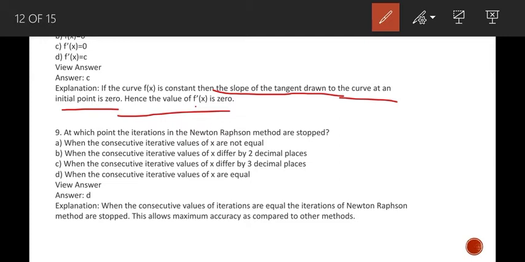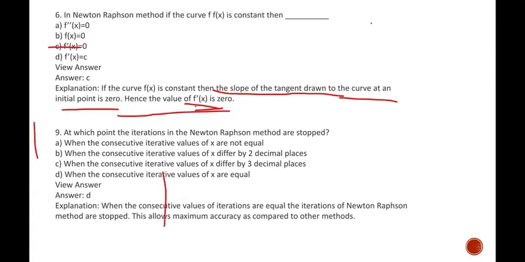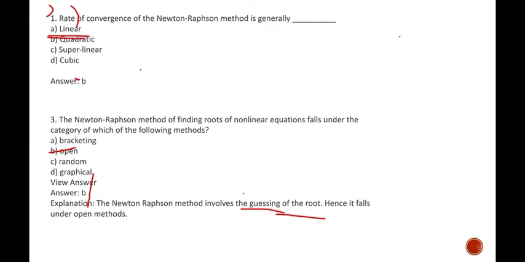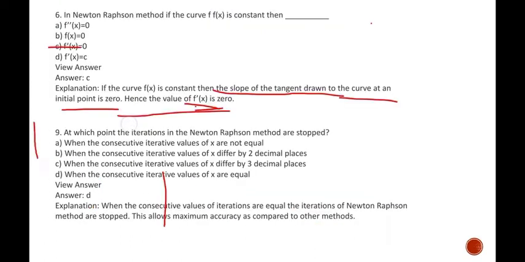The function y equal to f of x is constant, therefore the derivative f dash of x will be 0. So our answer is C, that is f dash of x equal to 0. This is the case in which the Newton-Raphson method fails, as I told you earlier.